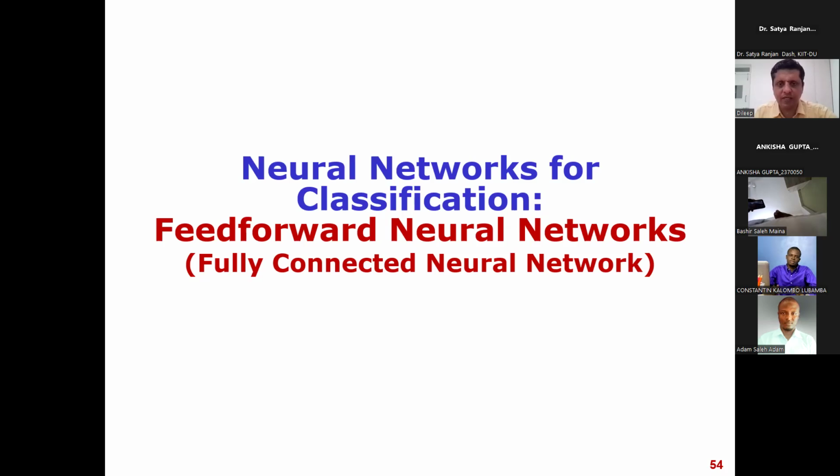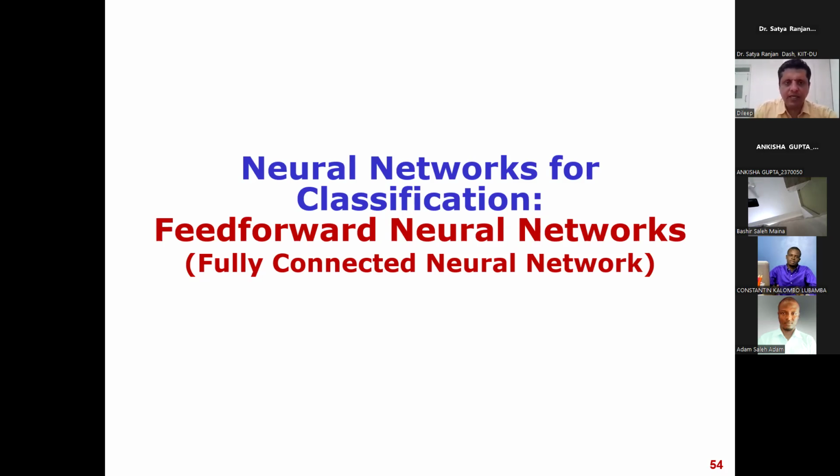That is where we go for the network of neurons. Instead of having a single neuron, we'll have a network of neurons, which we commonly call a neural network. A typical form of neural network, which we will be discussing now, is the feed forward neural network, and specifically the fully connected neural network.